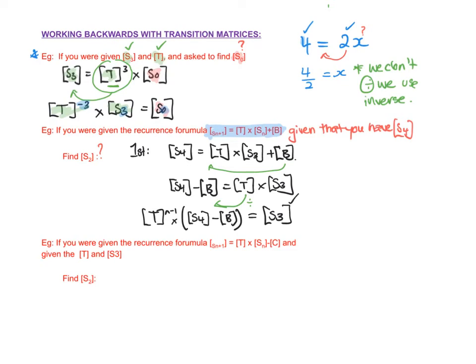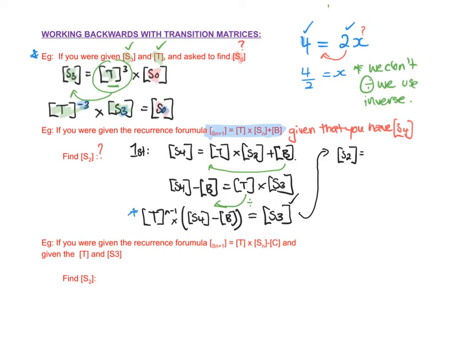So now you've got S3, you have to do the same process again to go back another step. If I'm trying to find S2, we'll just use this little formula now that we've set it up.